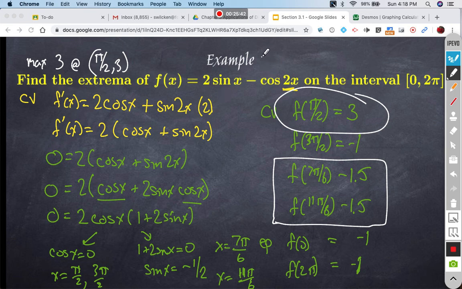So your minimums are going to be a negative 1.5, and this is going to be at both 7 pi over 6 and 11 pi over 6. So that's extrema on an interval.